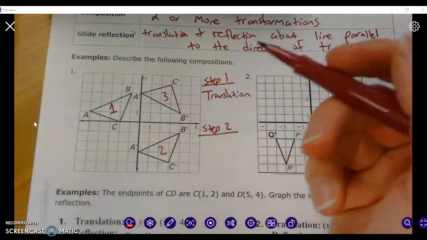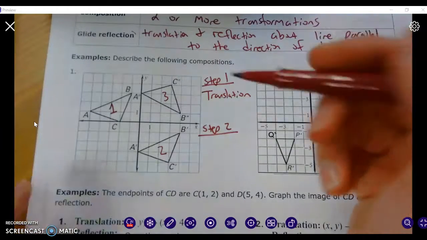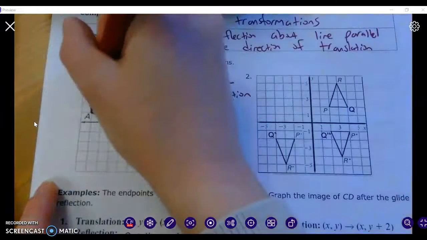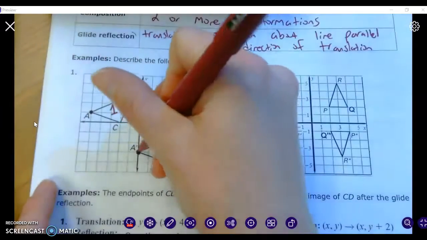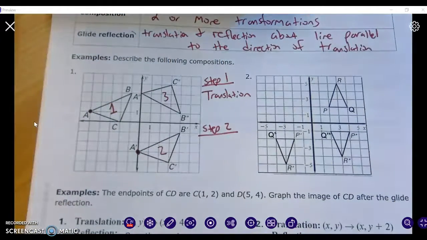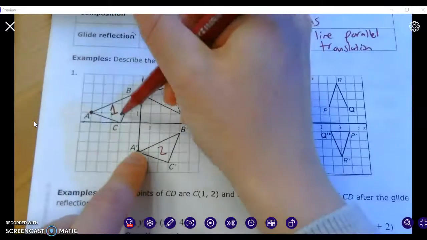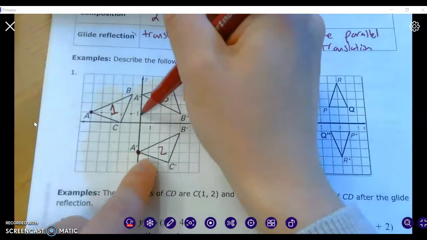And then we need to figure out how many to the right it was moved and how many down it was moved. So I'm going to count between A and A prime to figure that out. You could do between B and B prime or C and C prime, doesn't matter. So I'm going to count 1, 2, 3, 4, 5.